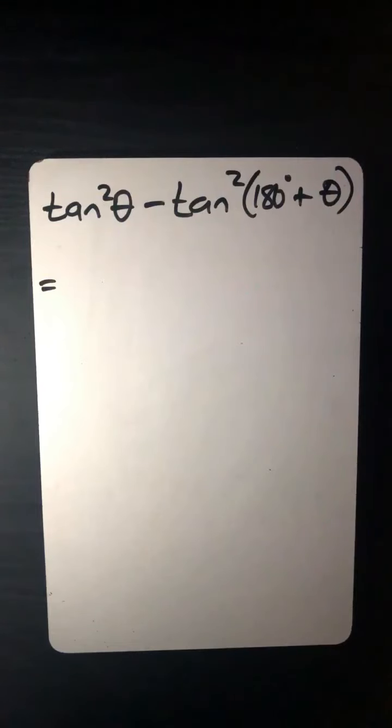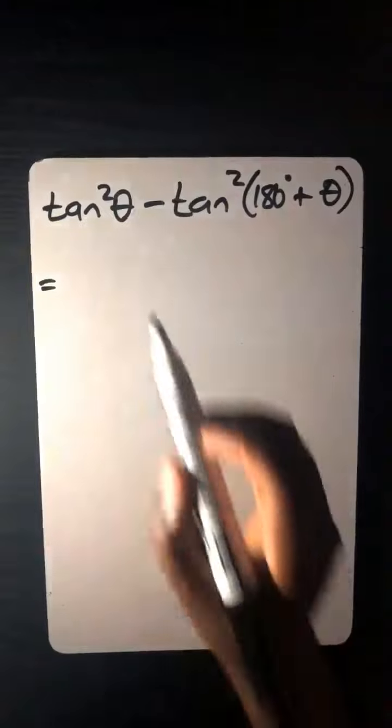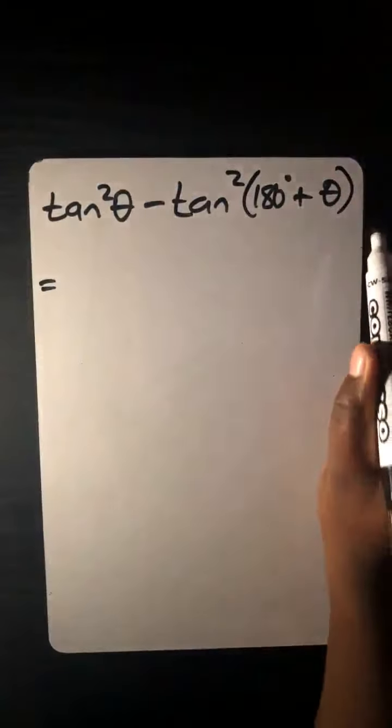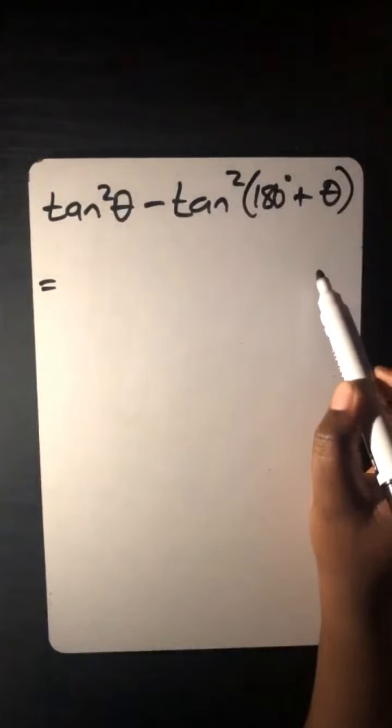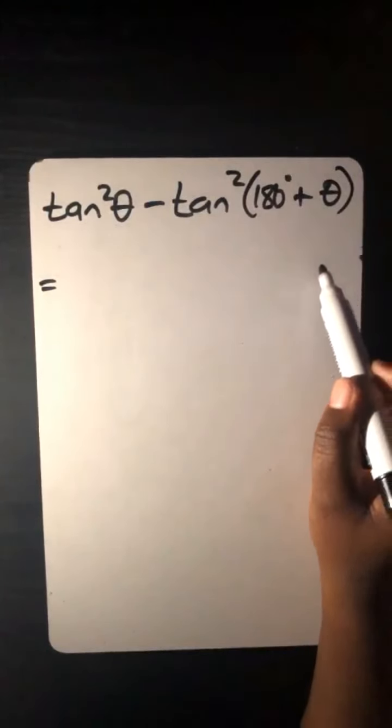So, Lerato, how do you prove if your answer is correct? You substitute with any value, but it must be the same for each theta. 100%. So, in short, whatever value you substitute in the original expression has to give the same result as when you substitute in your final answer.